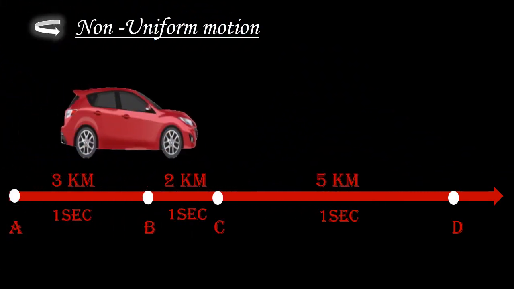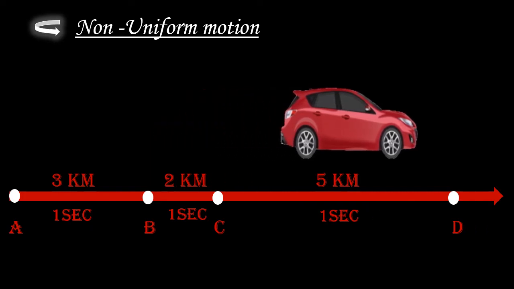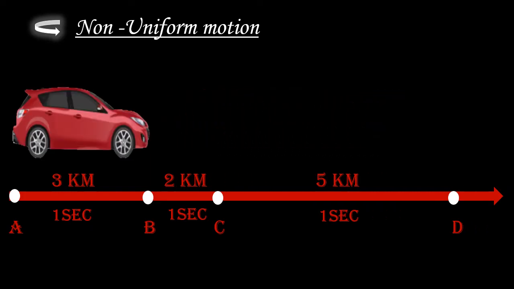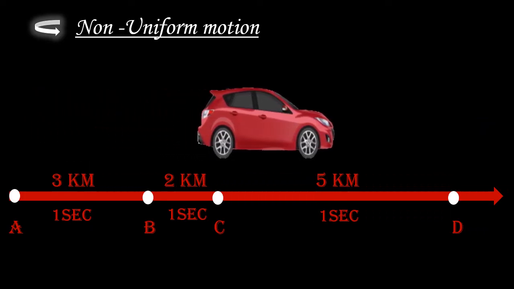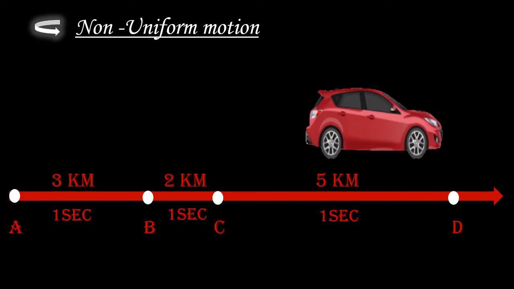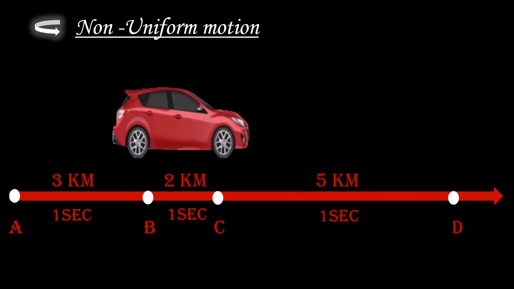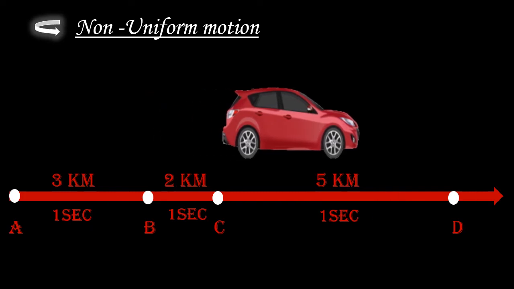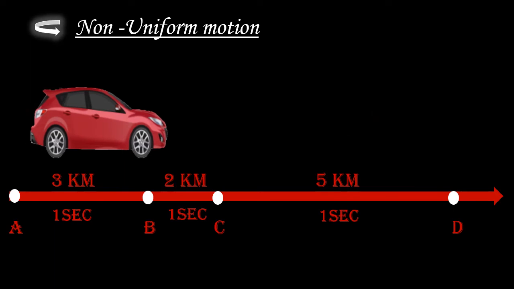Next and the last motion is non-uniform motion. To understand this, let us suppose another example. Suppose a car is moving along a straight line towards east, such that in the first second it covers a distance AB equal to 3 kilometers.